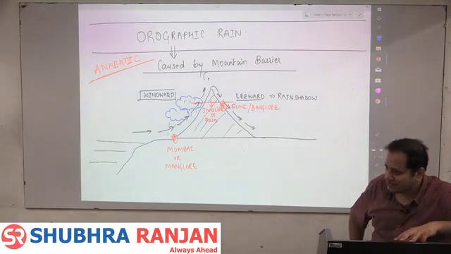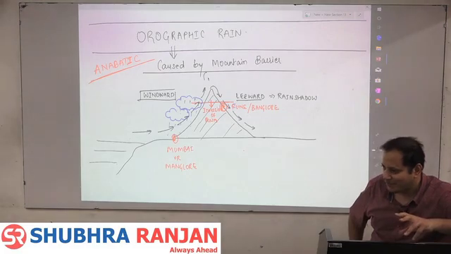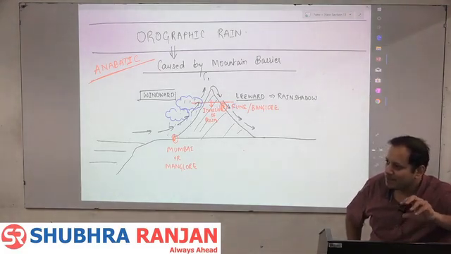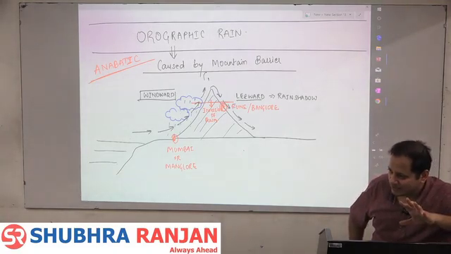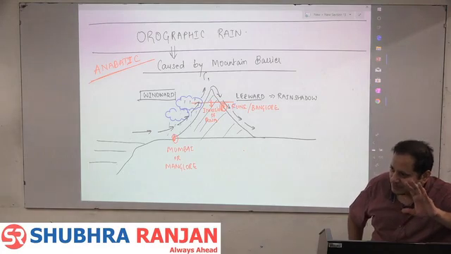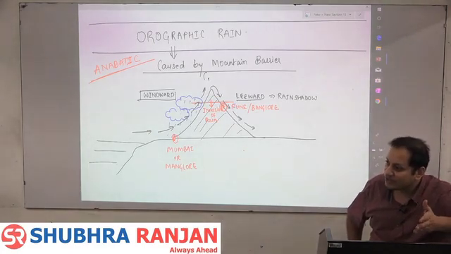Frontal, cyclonic is frontal. When we talk about frontal rainfall, we talk only about temperate cyclones. If you are saying tropical cyclone, it is a phenomenon in itself that is caused due to thermal heating.